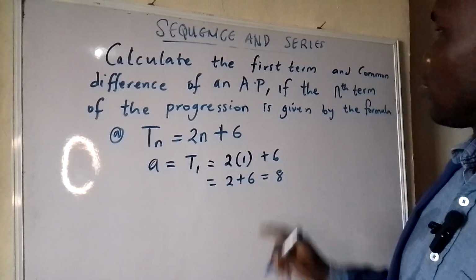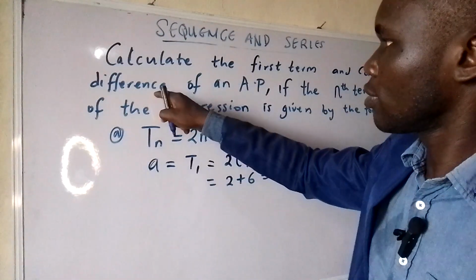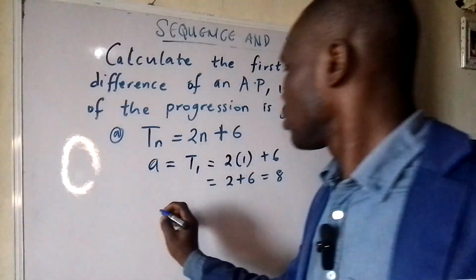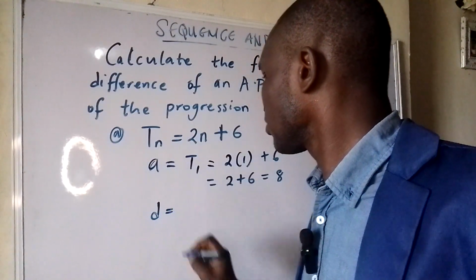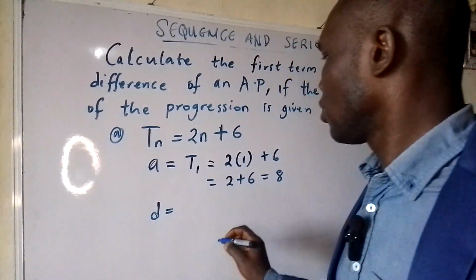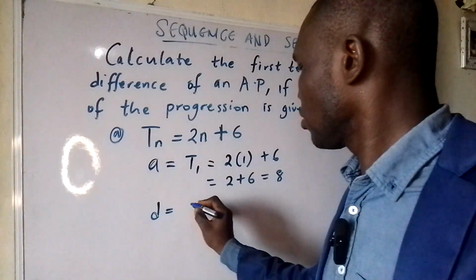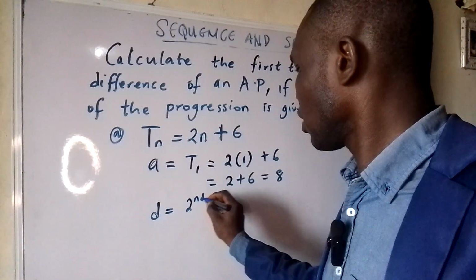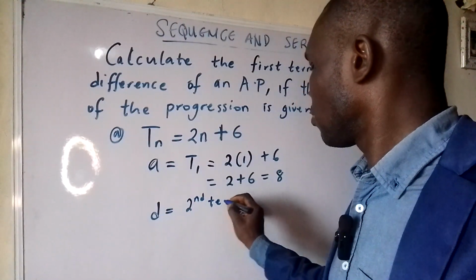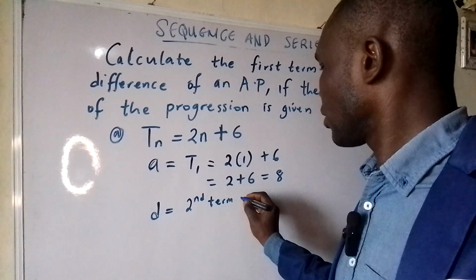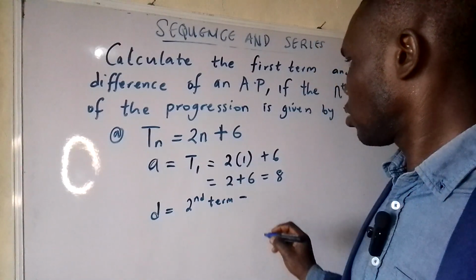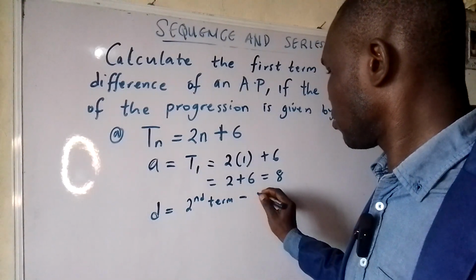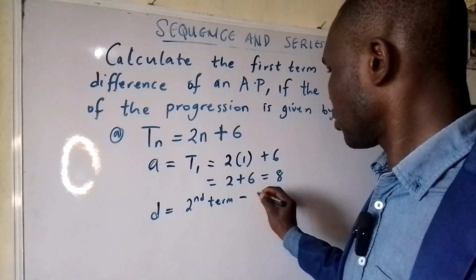Now, to find the common difference, d. The common difference d is equal to the second term minus the first term.